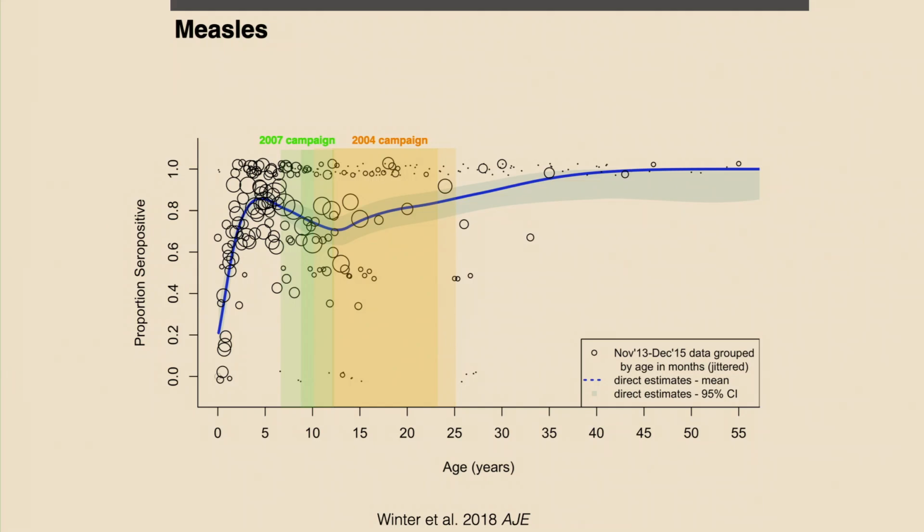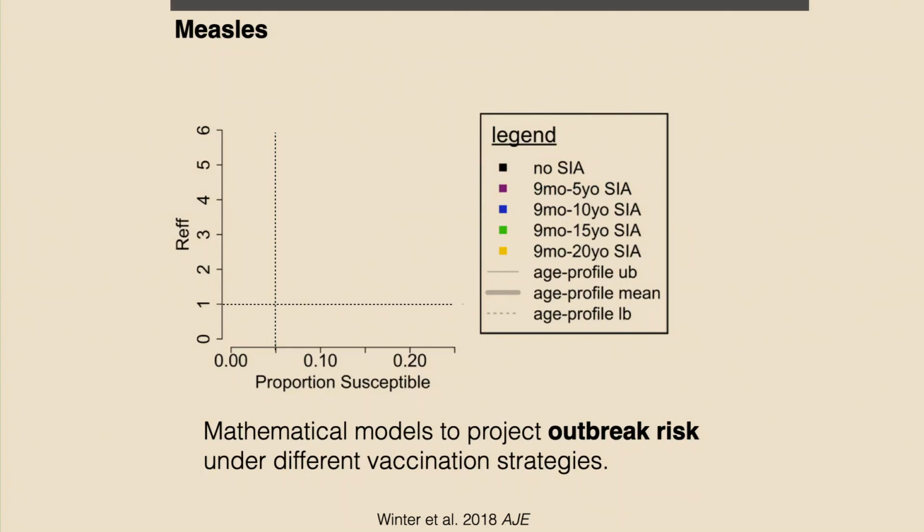You can imagine all possible futures. You can test different patterns of contact over age, because these matter in terms of who's talking to who and how the disease is spreading. You can test different interventions, different vaccination campaigns, and you can see what happens to RE. So this is what we did. So SIAs are vaccination campaigns, and we looked at what would happen if you did no vaccination campaign, if you vaccinated everybody from 9 months to 5 years, and so on.